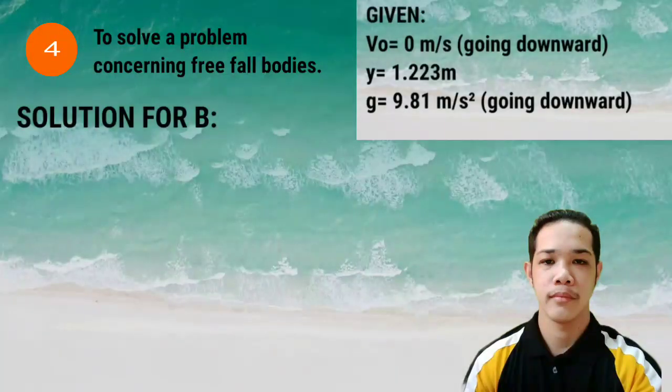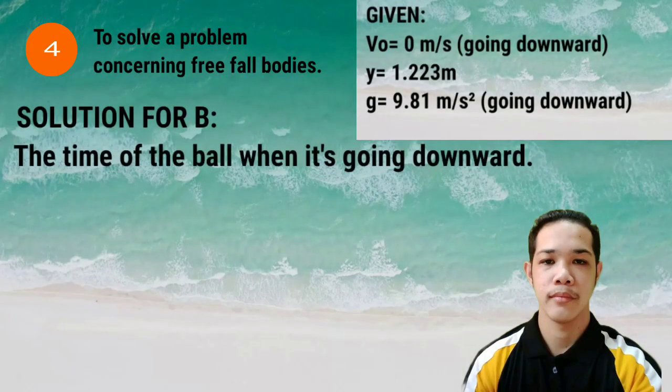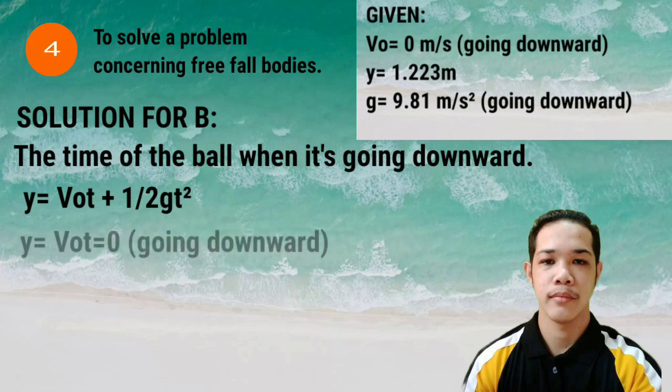Now we're going to solve for the time when the ball is going downward. We use the formula y is equal to v sub i multiplied by t plus 1/2 gt squared, wherein v sub i multiplied by t is equal to 0 because the initial velocity of the ball going downward is equal to 0.